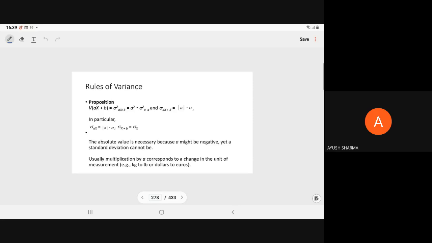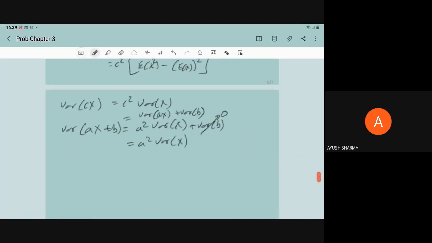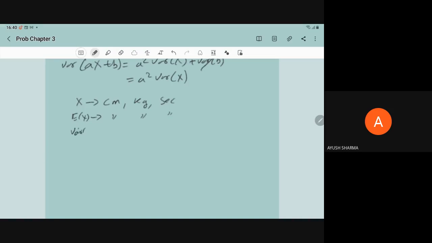So this is the property of the variance of x. One more important thing: when we say x is in terms of, let's say, centimeter, kg, second, if the observation has some units, then E of x also has the same unit, and standard deviation of x also has the same unit.